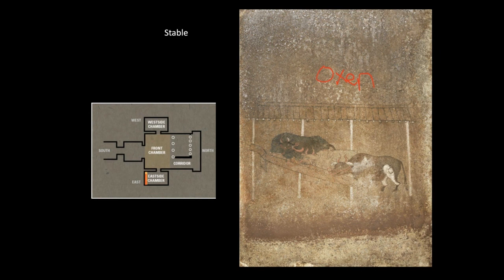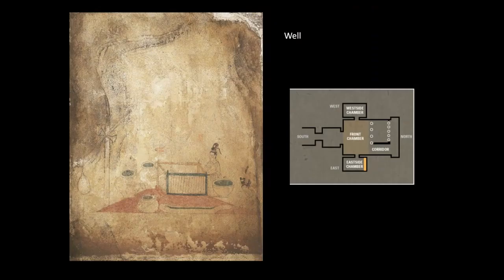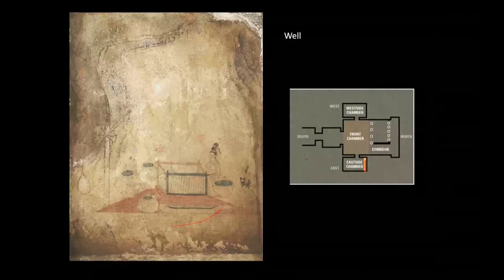So they have everything. You saw horses, you saw the mill and kitchen. So west chamber for the owner couple, and the east chamber has the kitchen. And then on the same wall, all the way on the top, you are going to see the well.